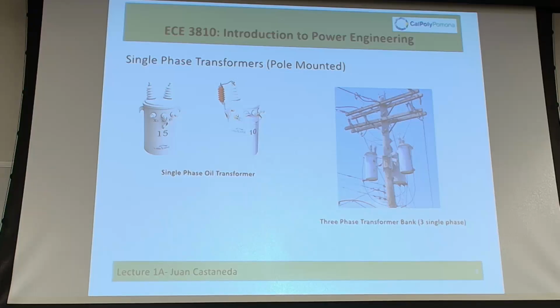Now think about this metal piece right here. The insulator right here is basically insulating the can, the non-conductive parts, from the conductive part. Why is it shaped like this?